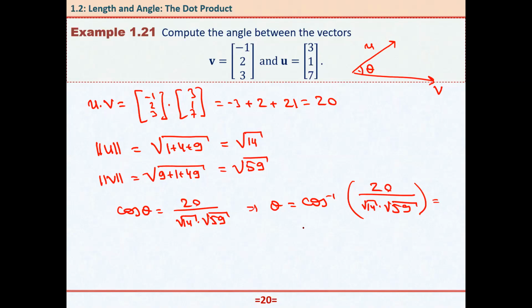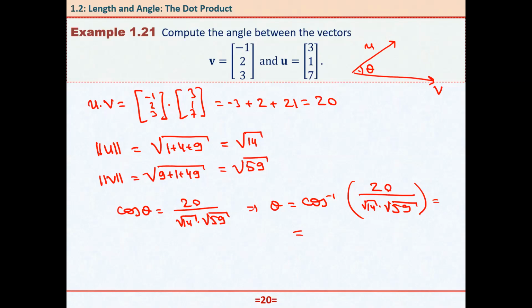And this thing, just using our calculator, we can evaluate this. So here we have shift, cosine, and fraction. Numerator is 20 over square root of 14 times square root of 59.